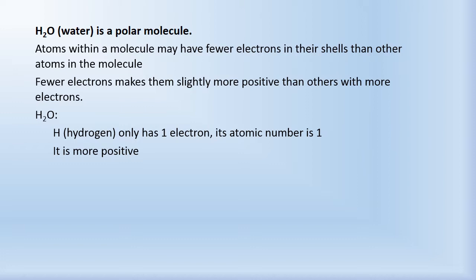Of course, the 1 refers to the protons, but as long as we're not talking about an ion, the electron number is the same as the proton number. So because it only has 1 electron, it's more positive than oxygen. Oxygen has 8 electrons. Its atomic number is 8. It is more negative, therefore, than hydrogen because it has 7 more electrons than hydrogen does.